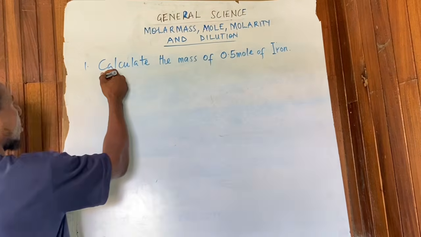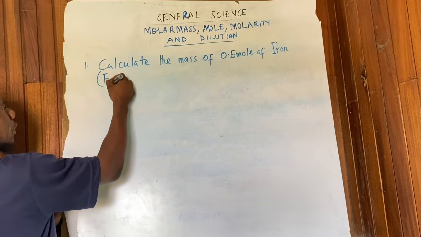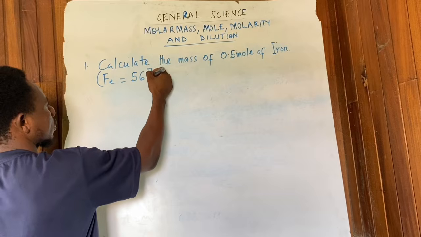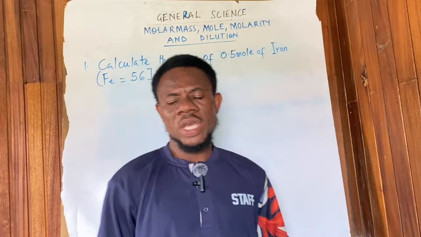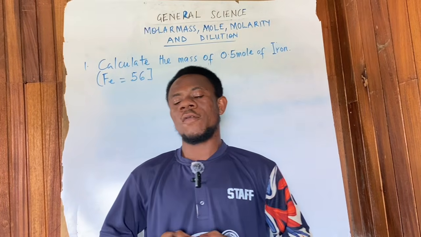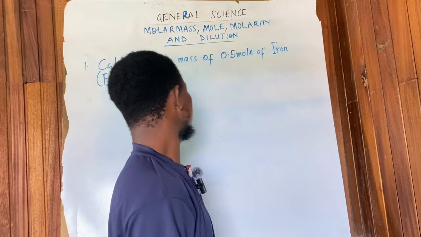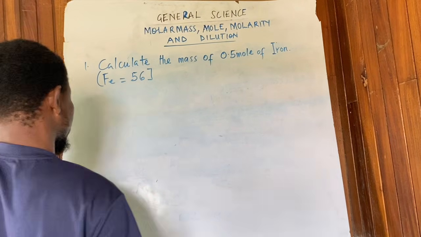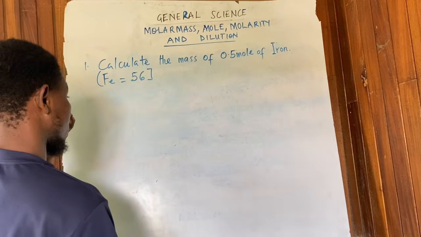Take Fe is equal to 56. So we have to calculate the molar mass of iron, then the atomic mass of Fe has been given as 56.